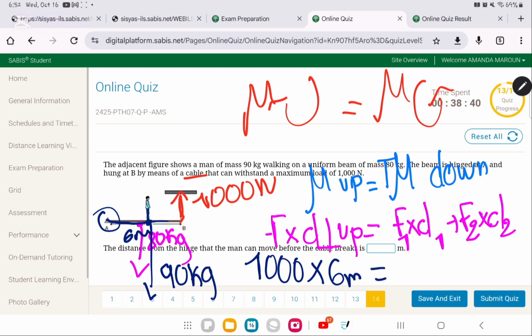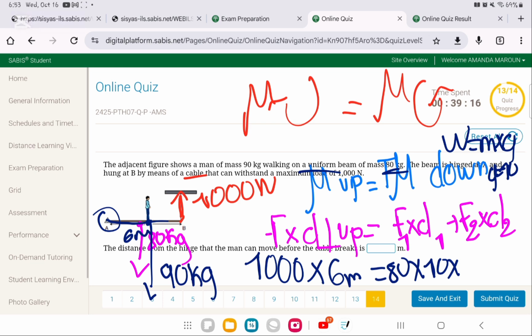Okay? Is equal to, we know we have the first force, which is the weight of the beam. We know that mass is not a force, so we need to find the weight. Weight is equal to m times g. Here, let's use g as 10. So it's going to be the mass, which is 80 kg, multiplied by 10, multiplied by the perpendicular distance. Since 80 is the mass of the beam and it's uniform, the force acts at the center of gravity, so it's going to cut it exactly in half, at the midpoint.